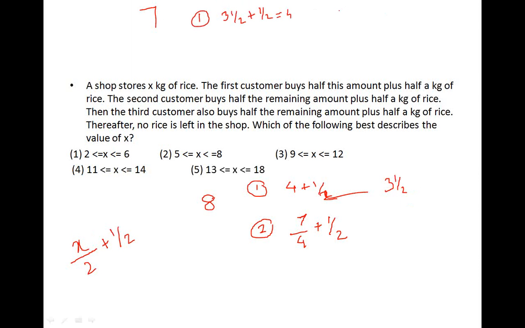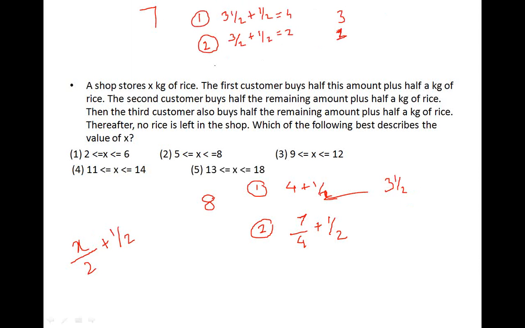Remaining would be 3 kg. The second customer would buy 3/2 plus half, that is 2 kg. Remaining would be 1 kg here. 3 minus 2, 1. Right?